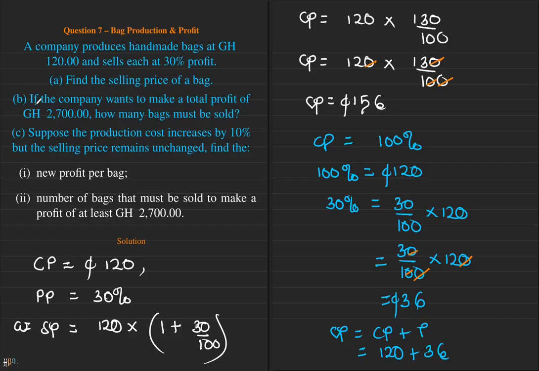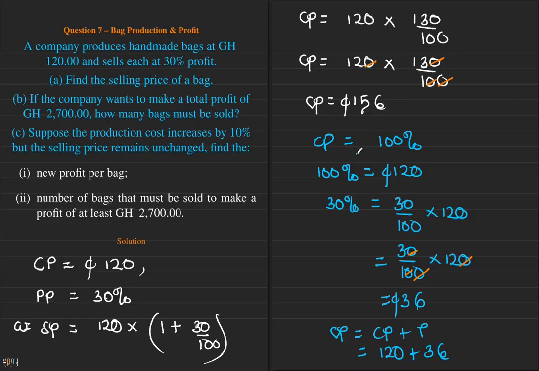The second one says, if the company wants to make a total profit of 2,700, how many bags must be sold? They want to make a total profit of 2,700.